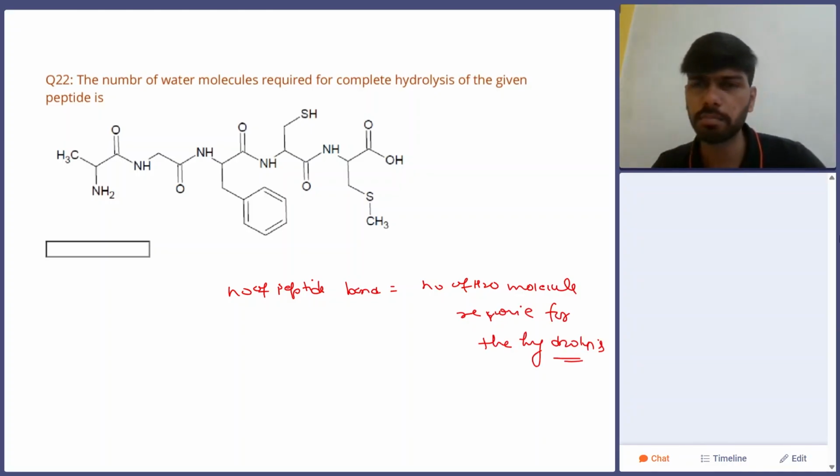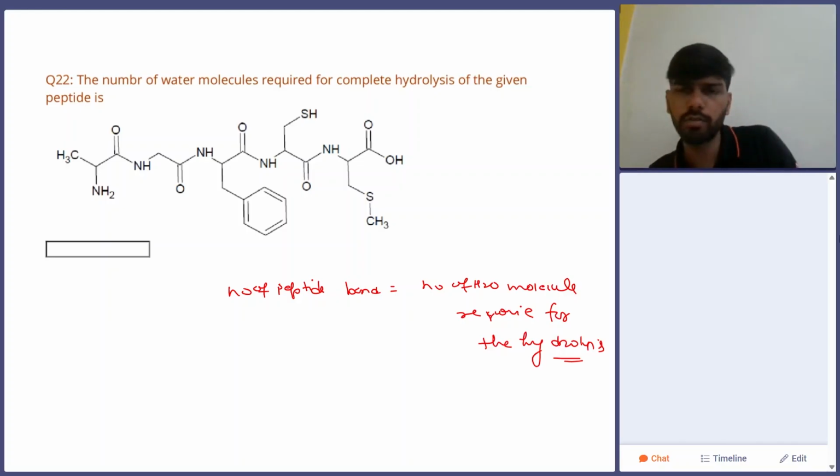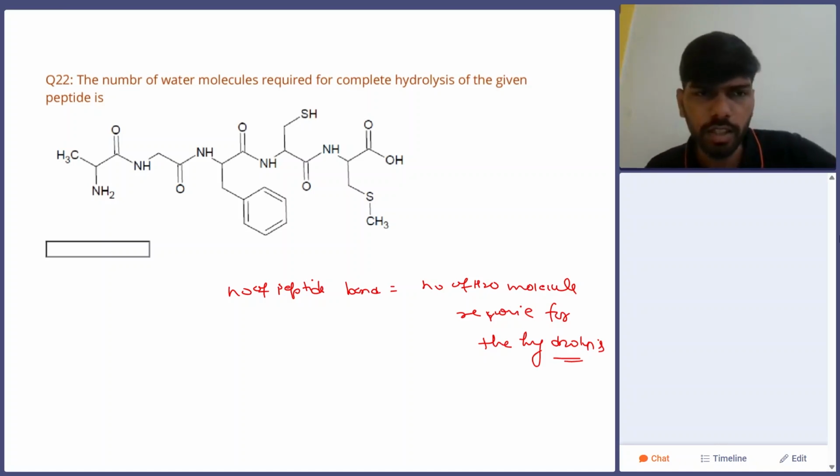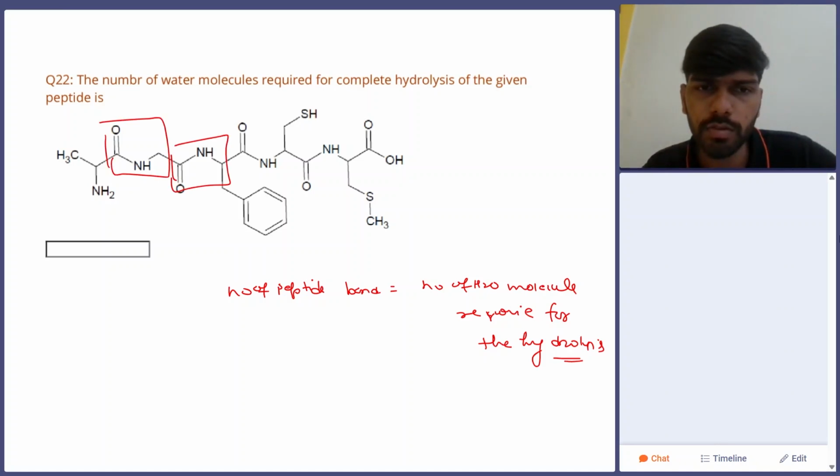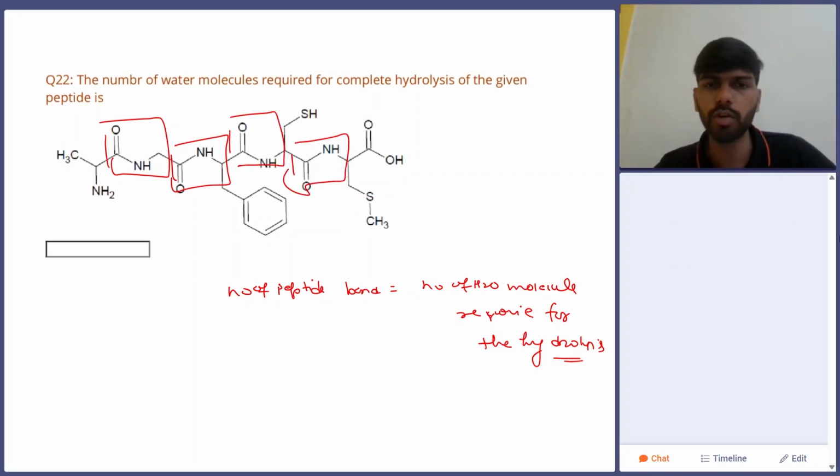And you know that during the formation of the peptide bond, the carboxylic and amine groups combine, and removal of a water molecule takes place, and they form a peptide bond. Okay, clear? That is a peptide bond. And during hydrolysis of the peptide, we again require water molecules. So here the total number of peptide bonds, this one, and this one, 2, 3, 4. So total 4 peptide bonds. So 4 molecules of water are required. So 4 is the right answer.